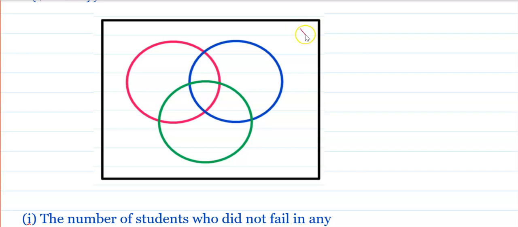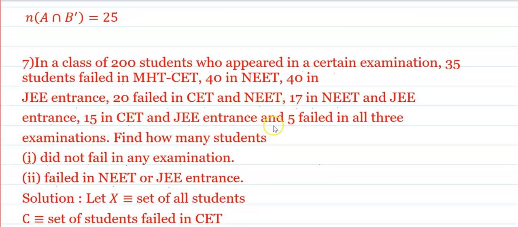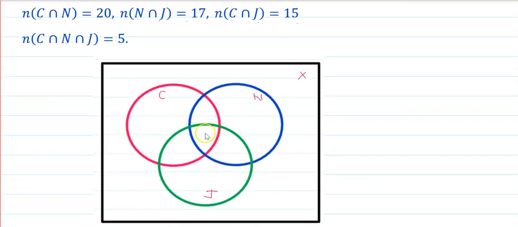If you consider the total number of students as X, the first circle is the CET examination, second is NEET, and third is JEE. We are given that 5 failed in all 3 examinations, and therefore this is the portion common to all the examinations.